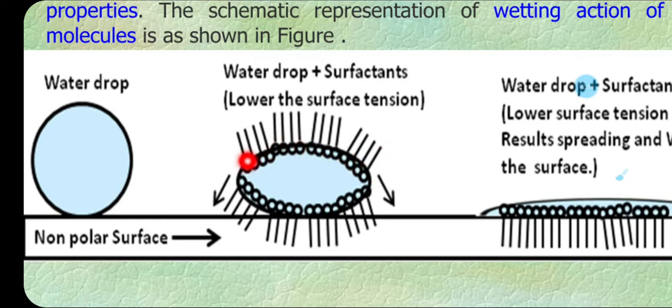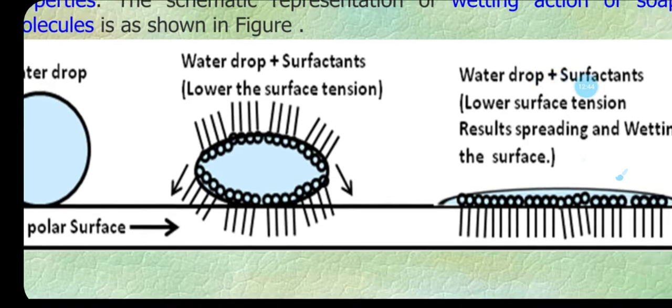Like so, the hydrophilic part goes inside the water, and the hydrophobic part is outside the water. This base is also hydrophobic. So the hydrophobic tail will be adsorbed on the non-polar part, and it decreases the surface energy, that means surface tension. Due to this decrease in surface tension, the water drop will break out.